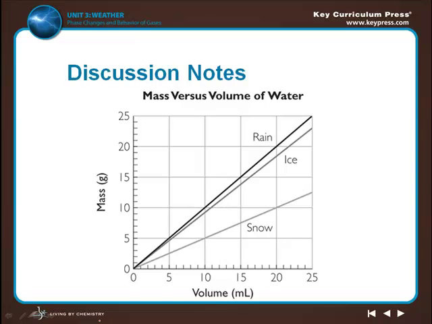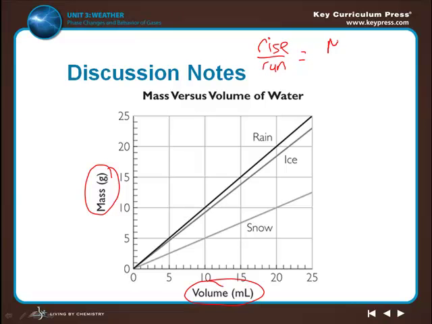If you look at this graph, what is on the y-axis? Mass. What is on the x-axis? Volume. Now the slope of this line is what over what? Some people call it rise over run, to make it really simple.